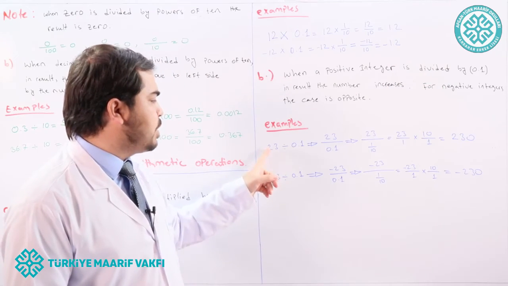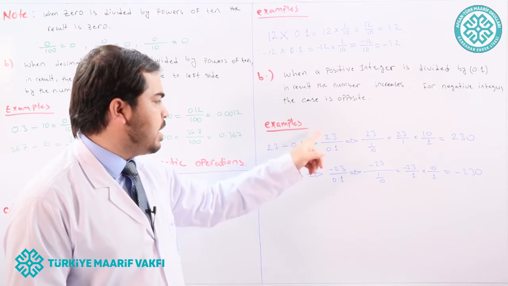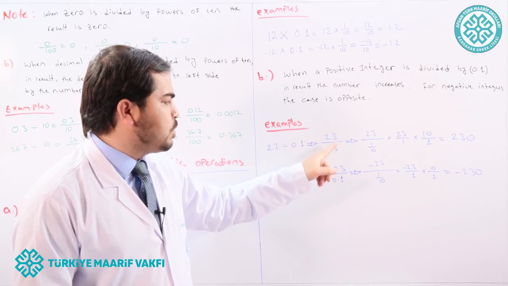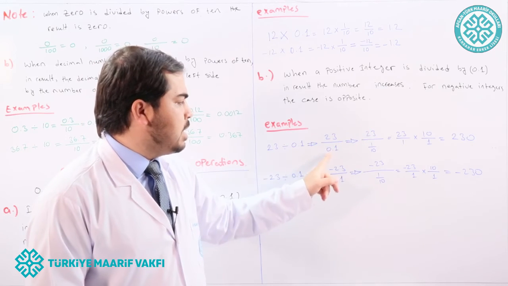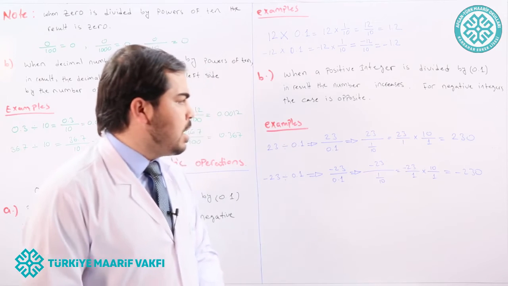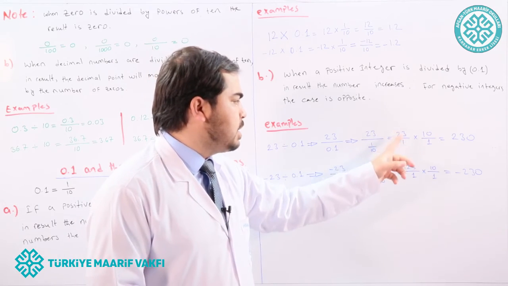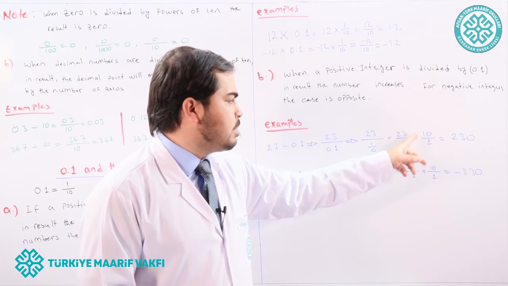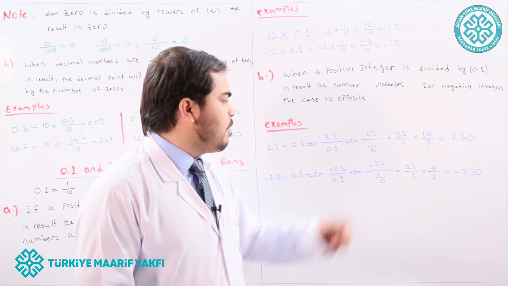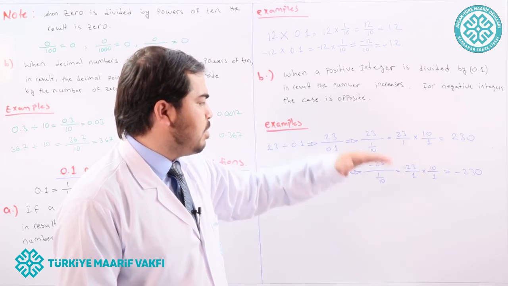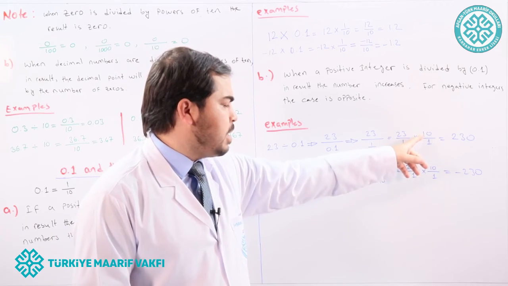For example, here we have 23 divided by 0.1. Here we can write it as a fraction. Instead of 0.1, we can write 1 over 10. And if you change it to multiplication, it will become 23 over 1 times, vice versa or opposite: the denominator will become the numerator and the numerator will come to the denominator.